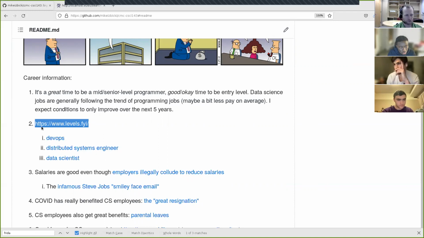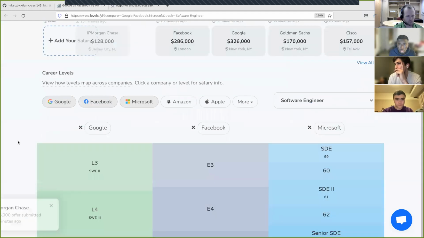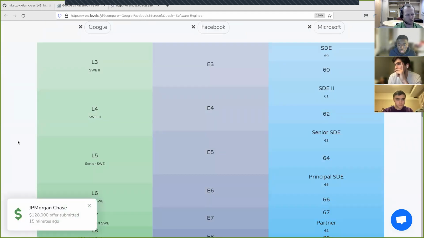If you've never seen this levels.fyi website before, it's a really good website that you should be checking occasionally throughout your career to understand what compensation looks like for different computer science jobs. Let's just take a real quick look at this.